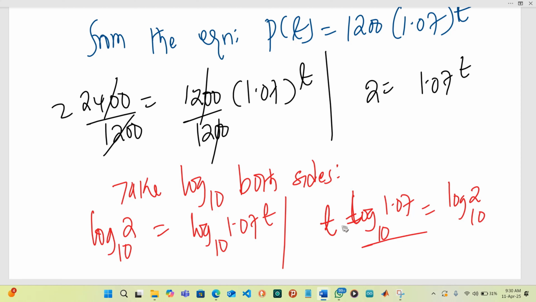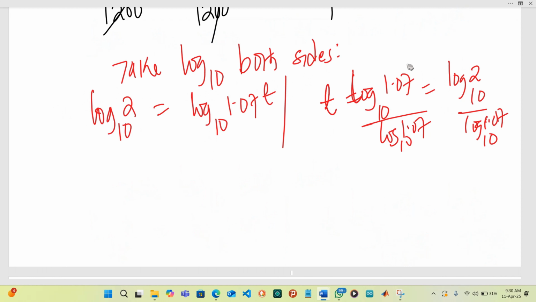To get t, I divide both sides by log 1.07 base 10. So this and that will go, and then our t will equal to what?